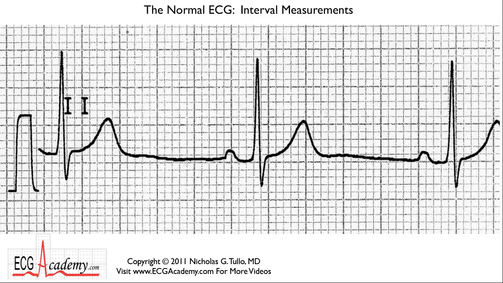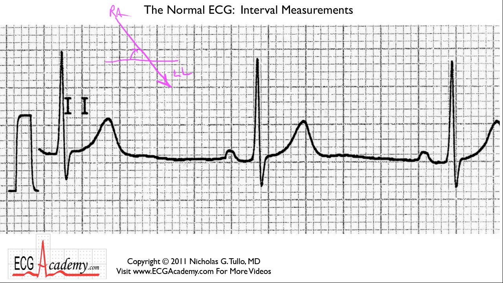If you remember your vectors, lead 2 is in this direction, down and to the right, or down and to the patient's left, at 60 degrees above the horizontal, right? So that's from right arm to left leg. That's just a quick review of electrocardiographic axes. Okay, but that's not important to this discussion.